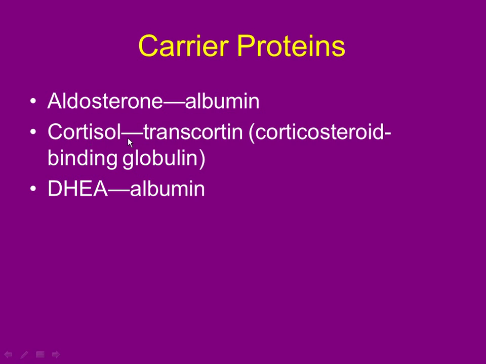And then cortisol uses something called transcortin, which is the transport form of cortisol. And then DHEA, the sex hormone, same thing, binds to albumin. So if you wanted, you could write 1, 2, and 3 by those, and then you have that whole pattern. All the 1s match up, and all the 2s match up, and all the 3s match up.